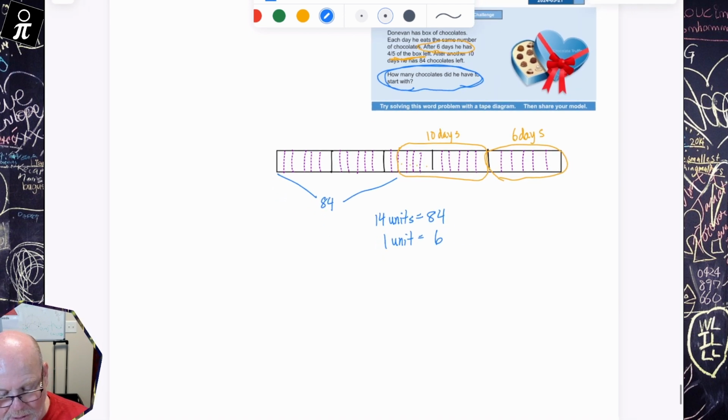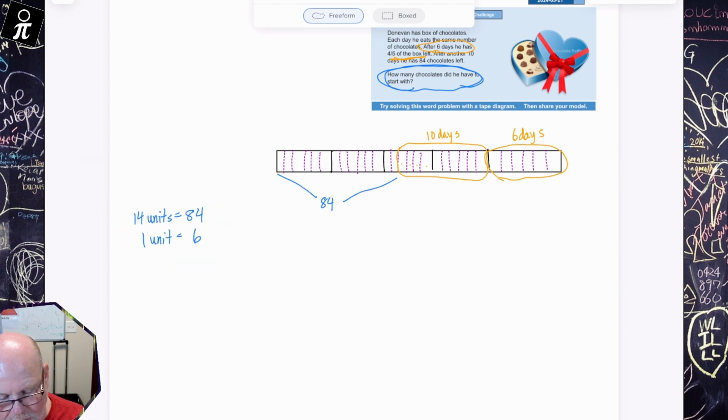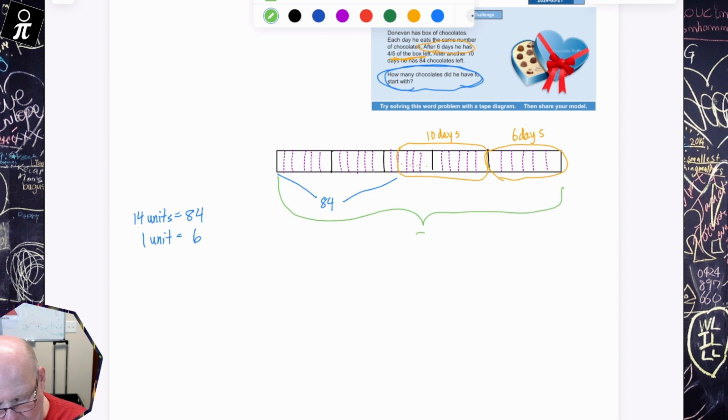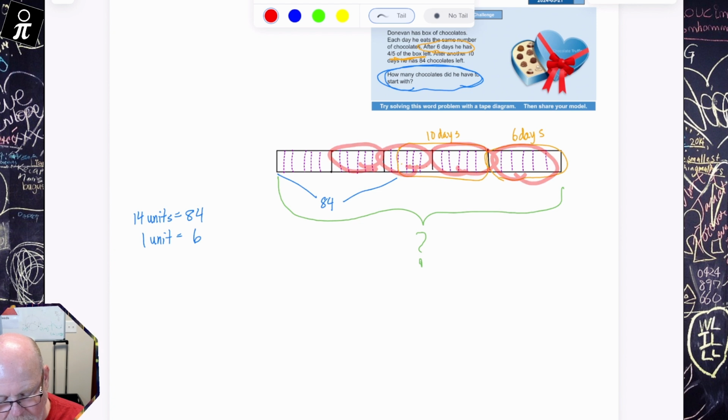So that means what I'm really looking for, and I'm going to move this out of the way a little bit, is, let's do it in green, how many chocolates is this entire strip of that tape diagram. Well, I know that there are 6 units there, 6 here, 6 here, 6 here, and 6 here. So 1, 2, 3, 4, 5. So 6 times 5 gives me 30 units.